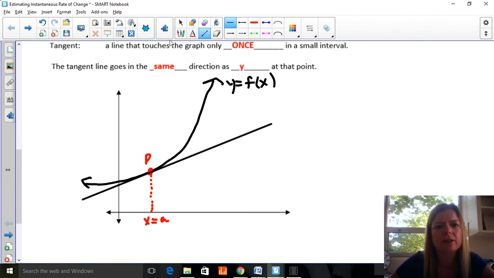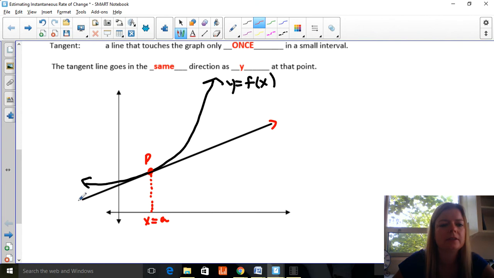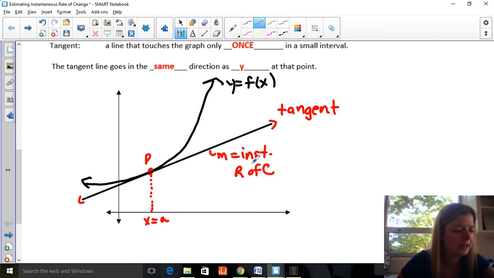So this is called, and actually you should add arrows on the end, this is called the tangent line. Or actually you can just call it the tangent. And the slope of this line is the same as the instantaneous rate of change. Okay, so notice that P is going up, and so this slope is going up, so that all matches.